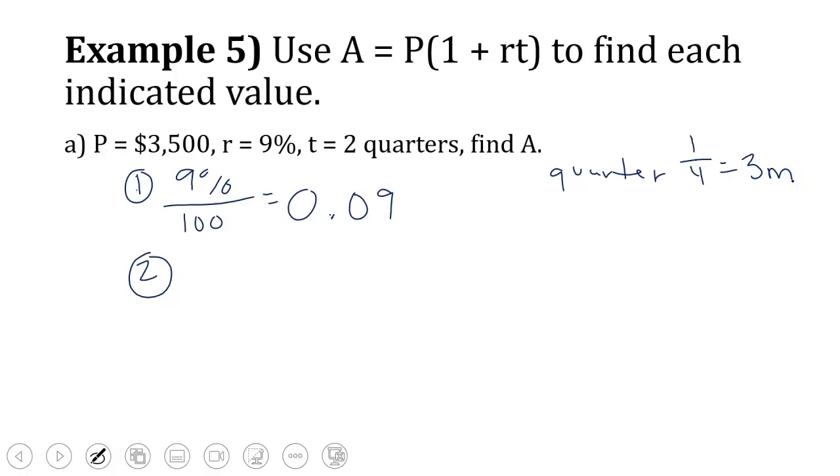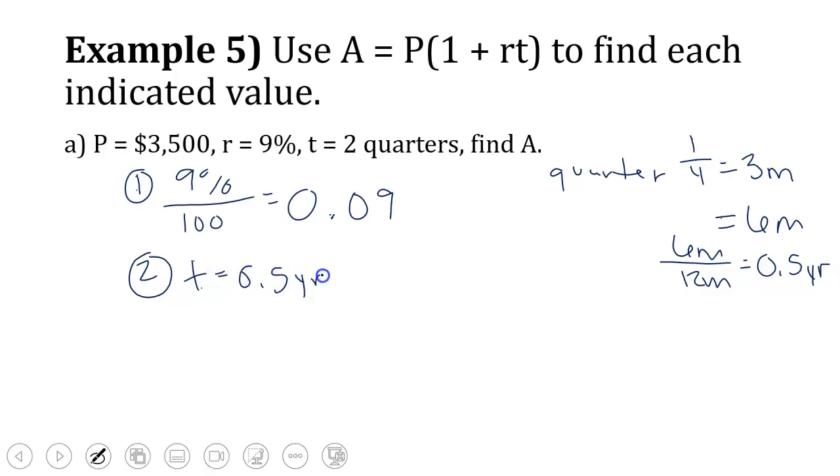So it's telling us we have 2. So that means that is 6 months. So half a year, so 6 months divided by 12 months, that's half. So 2 quarters is half of a year. So for our time, we need to change it to half a year and then plug in your formula.